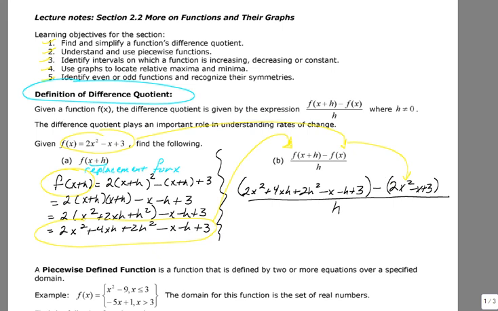Let's distribute this negative first. Always put these parentheses in so you won't forget to distribute the negative. And when we do that, we'll end up with a negative 2x squared, positive x, and a minus 3. And all of our front stuff that's hanging around over here, so we'll just copy that down.